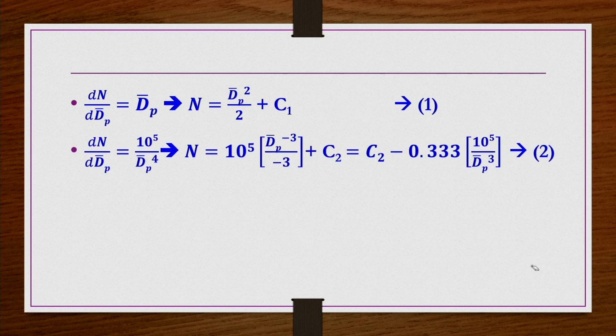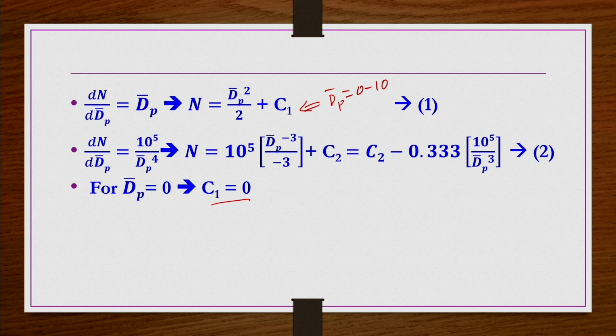Similarly, if you integrate the second equation, you get n is equal to 10 power 5 dP bar power minus 3 by minus 3 plus C2. If you substitute the boundary condition dP bar is equal to 0, C1 is equal to 0, because the first equation is valid for dP bar 0 to 10 microns.